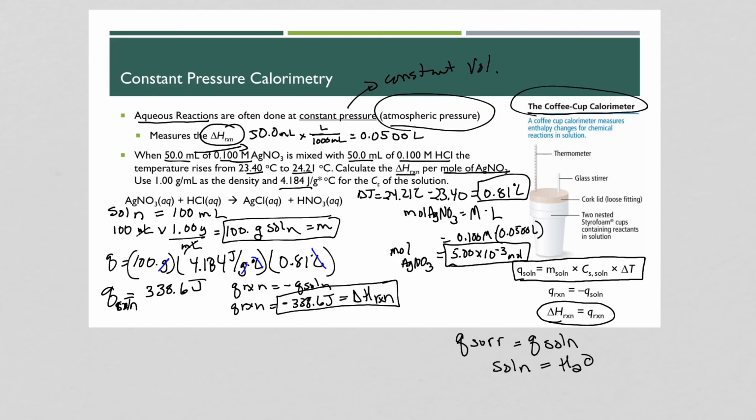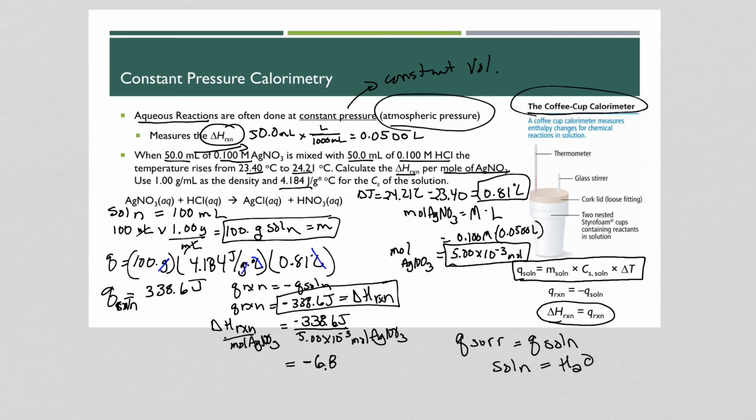But we want to put it on a per mole of silver nitrate basis. So my delta H of reaction per mole of silver nitrate equals negative 338.6 joules divided by 5.00 times 10 to the negative third moles of silver nitrate, and that's going to equal negative 6.8, two significant figures here because of our temperature, right?